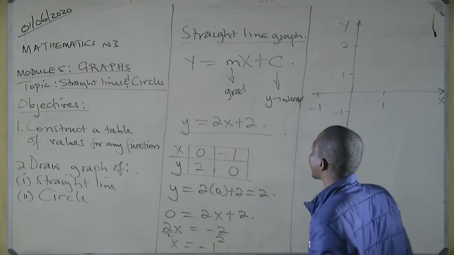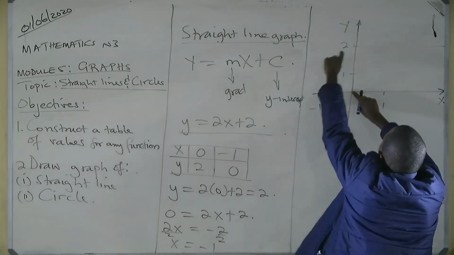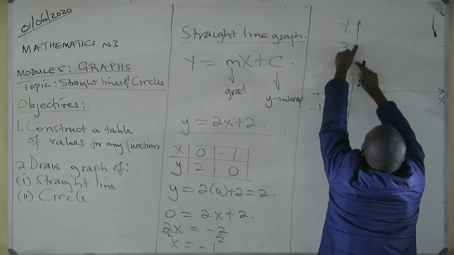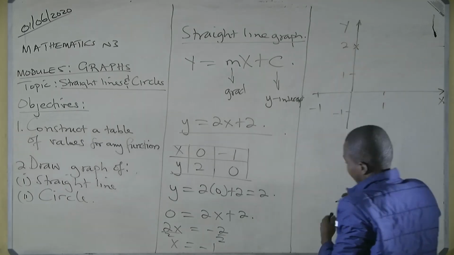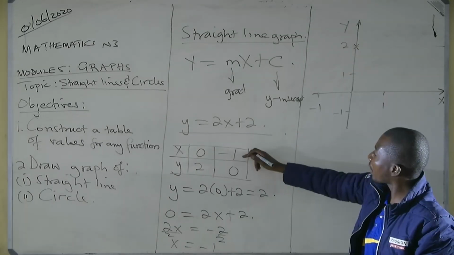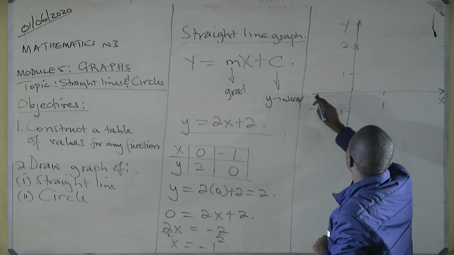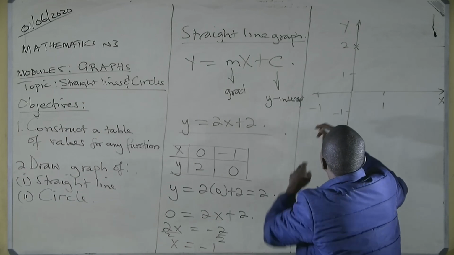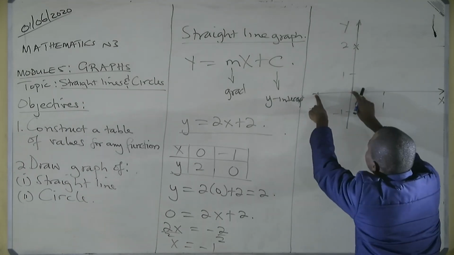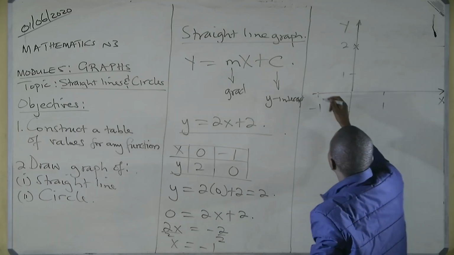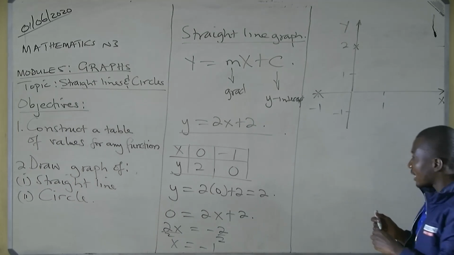Now to plot the graph, we say if x is 0, it is at this point. y is 2, it is at that point. So we meet at that point, and we mark the point. Then when x is minus 1, y is 0. So x is minus 1 along the horizontal axis, and y is 0 at that point. Where they join is this point, and we mark it again.